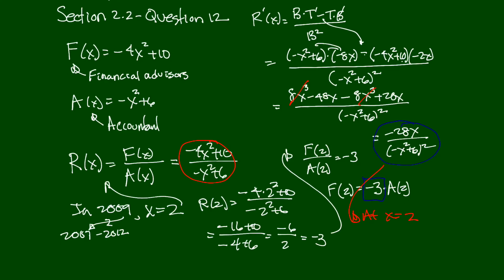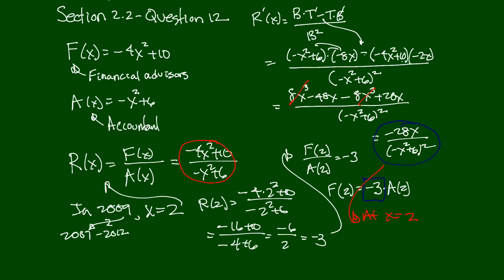And then what we want is what that change actually is. This tells us the change at any particular time, and we want it at x equals 2, in 2009. From 2007 to 2009 is 2 years, and x is the number of years from 2007. So I'm going to put a 2 in here.